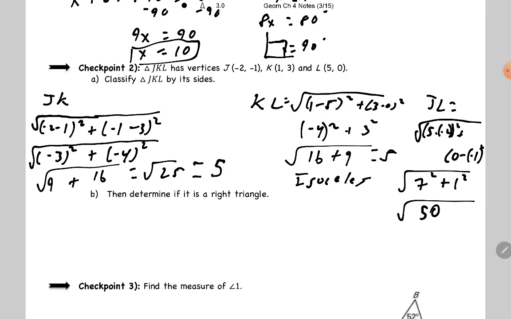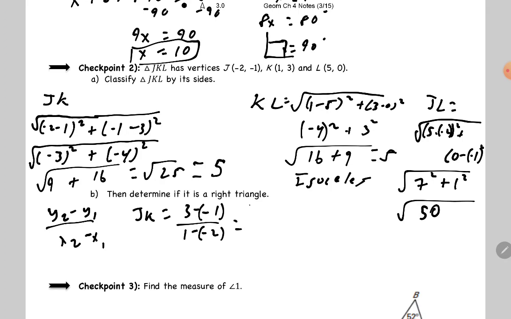Now I have to determine whether it's a right triangle. Remember, slope is y2 minus y1 over x2 minus x1. So slope of JK is 3 minus 1 over 1 minus 2, which is 4 over 3.